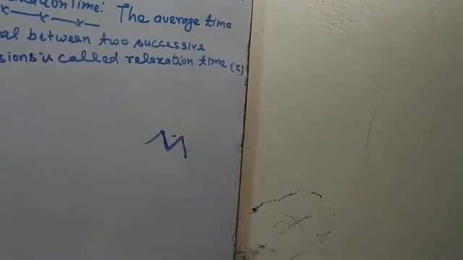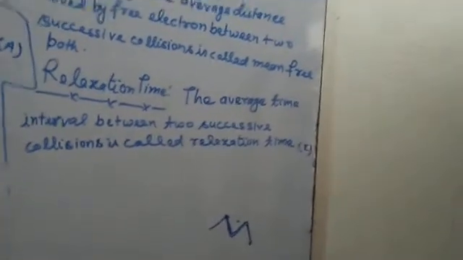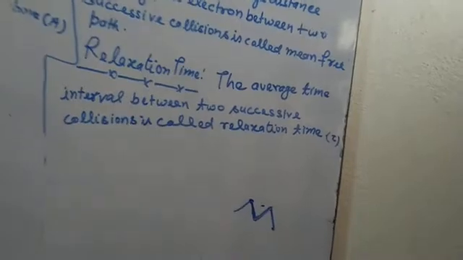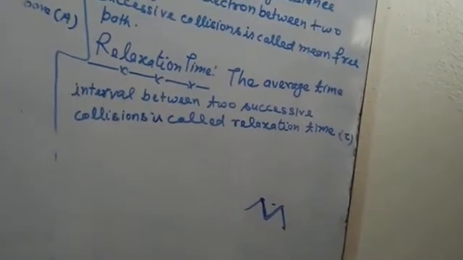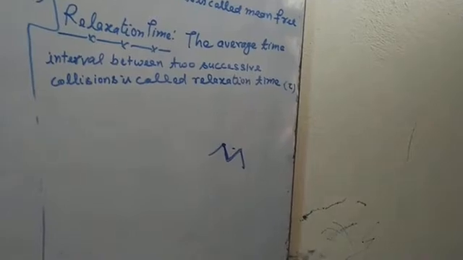Drift velocity. This is a conductor. When we apply an electric field, connected to the battery, that means a potential difference V is applied, this plus, this minus.